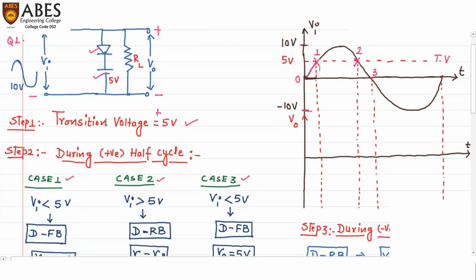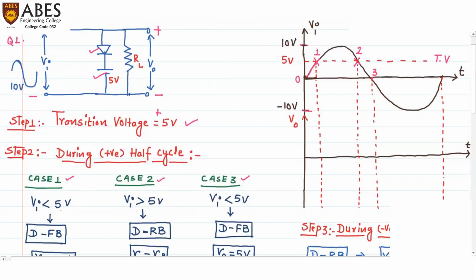during positive half cycle. Now let's take all three cases one by one. Case number 1, when Vi is less than 5 volts. Now we need to check whether the diode is forward biased or reverse biased. In the given circuit, you can see there are two voltages, input voltage and battery voltage. Whichever is higher will decide whether the diode will be forward biased or reverse biased.